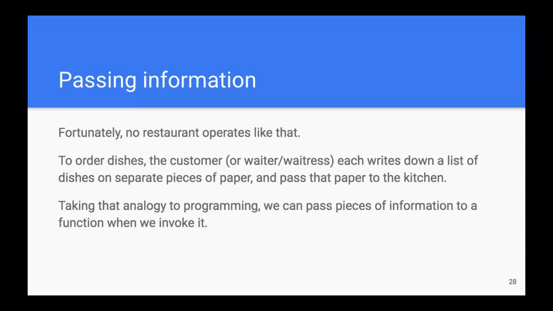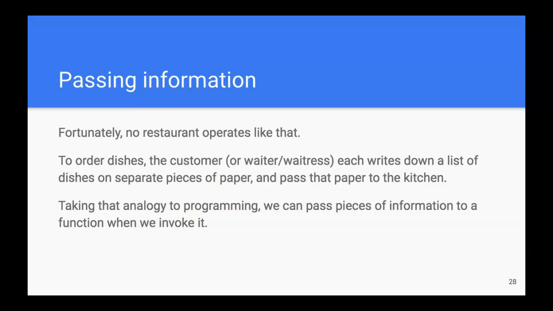Fortunately, I don't think there's ever a restaurant that operates like that, right? So in order to order dishes, the customer or a waitress writes down a list of dishes on separate pieces of paper, and those separate pieces of paper are passed to the kitchen.